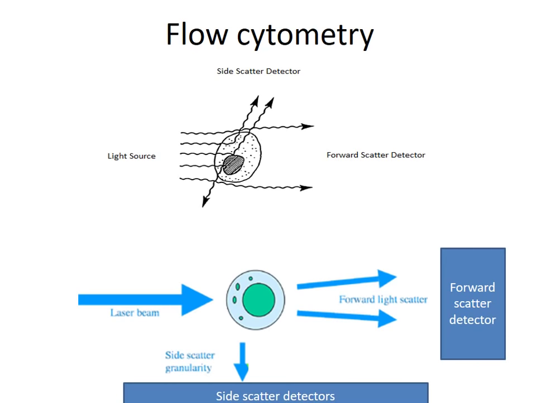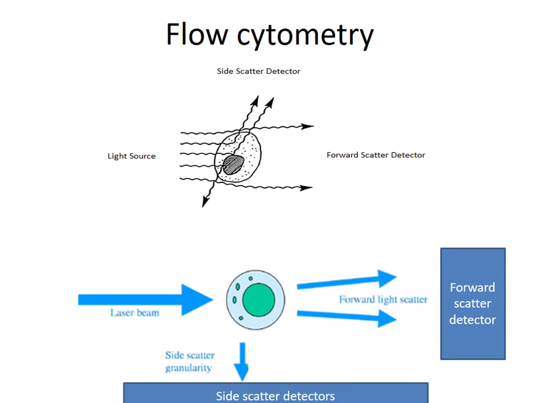So side scatter is a reflection of the internal complexity of the cell, and we'll cover that in a little minute. Whereas forward scatter, I suppose the easiest way to describe forward scatter would be like the cell's shadow. Okay? So the bigger the cell, the bigger the shadow.